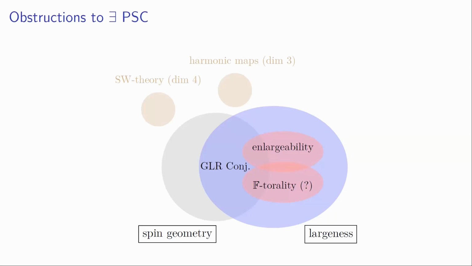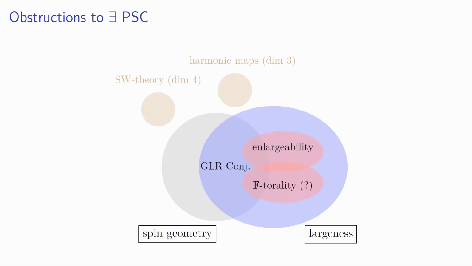But in higher dimensions, the picture is a little bit more complicated. So we have several sources of obstructions here, and these sources are somewhat different. One world that is connected to scalar curvature geometry is spin geometry, and the spectral geometry of the Dirac operator. So this is quite interesting because we have a close connection to the Atiyah-Singer index theorem.